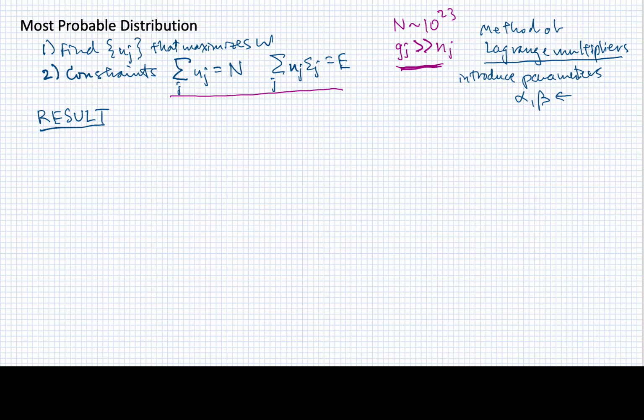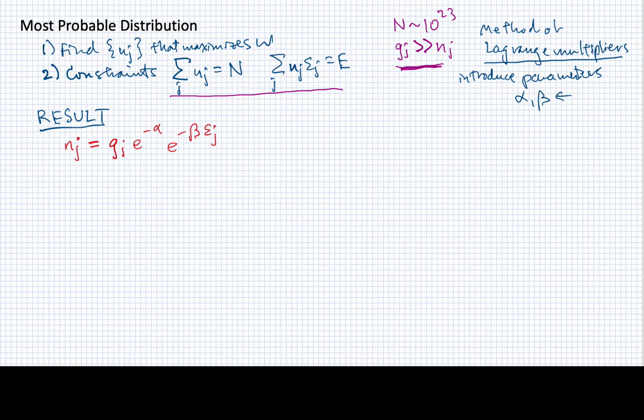However, I'm going to get to the bottom line: in the most probable distribution, we can write down an expression for the population, the number of molecules in state j. It's given by the degeneracy of that state, g sub j, times e to the minus alpha, where alpha is this Lagrange multiplier parameter, times e to the minus beta, the other parameter, times the energy of that jth level.